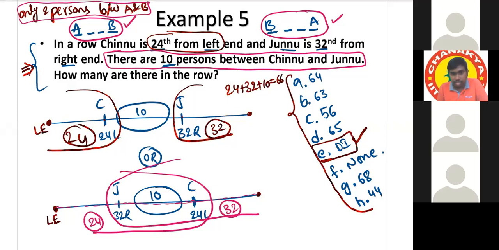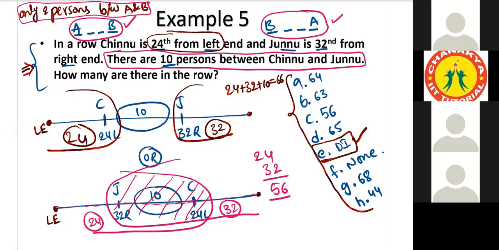Now see here, this side, left side is 24 and right side is 32. Total how many? 56. But these 56 members consist of some persons repeatedly. This region of persons we have counted twice. How many? Sir, 12 people have counted twice.